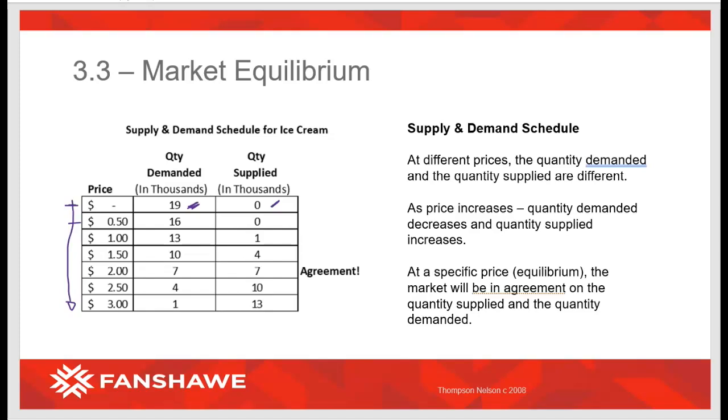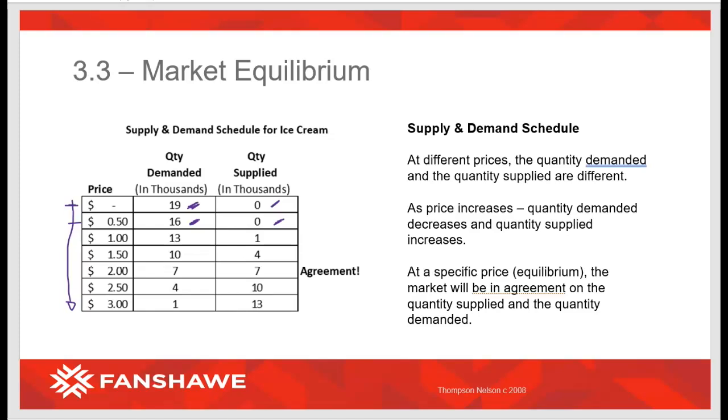And then let's attach a price to it. Let's say, okay, 50 cents is going to be the price of ice cream. Well, we will see a reduction in the quantity demanded. Some people were only in it for a free ice cream, so we go from 19,000 units to 16,000. And here we're just going to say firms still aren't going to produce any because 50 cents a cone is just not going to be enough, right? It doesn't even cover the costs.